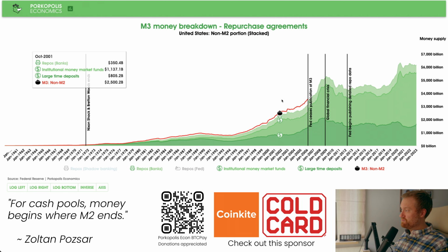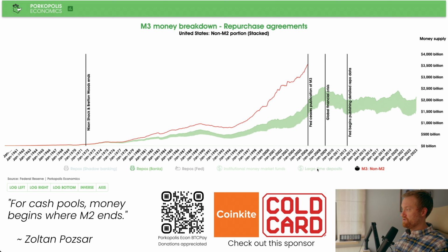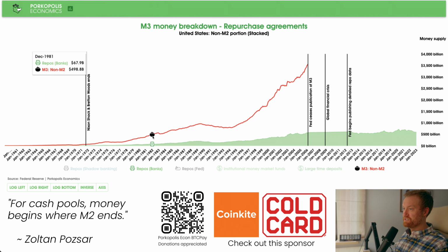But if you see repos here, they're not nearly as big as large time deposits, institutional time deposits, as well as institutional money market funds. And really, they haven't grown much at all in the last 16, 17 years since the Fed stopped publishing this data. So let's take off institutional money market funds and large time deposits to where we just have the repos of banks.